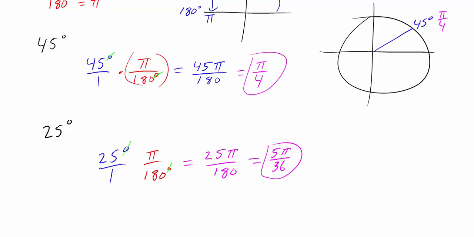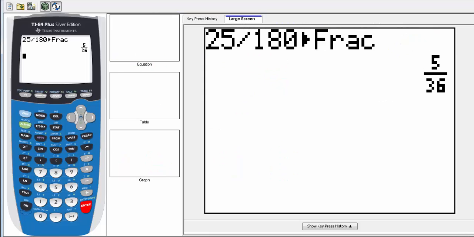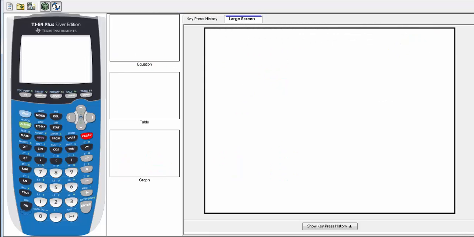If we go back up here, it is possible that we could actually come up with an approximation. We can come up with a decimal. For pi over 4, we would simply just type in second pi divided by 4. Now make sure you use the pi key. We know that pi is approximately 3.14, but you don't want to approximate it. You want to type in the calculator using the pi key.